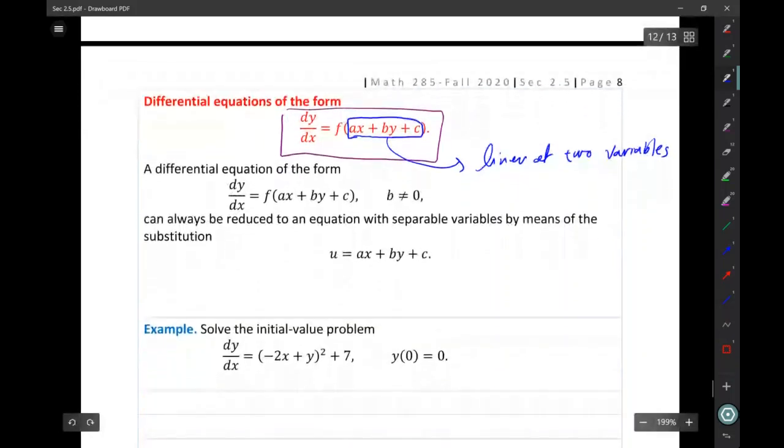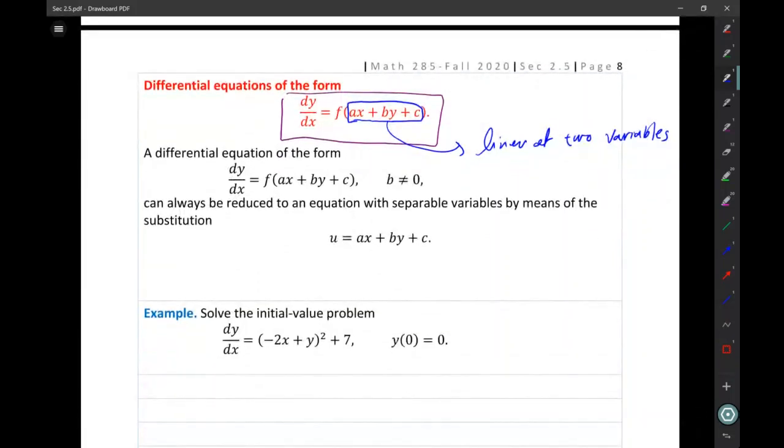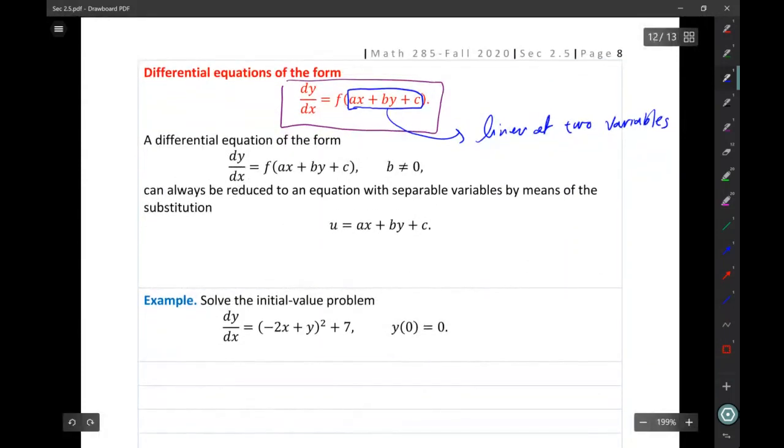Now how can we solve such kind of differential equations? To solve them, you have to assume u to be the linear expression in two variables, ax plus by plus c. Then this implies that du by dx is equal to a plus b times dy by dx.